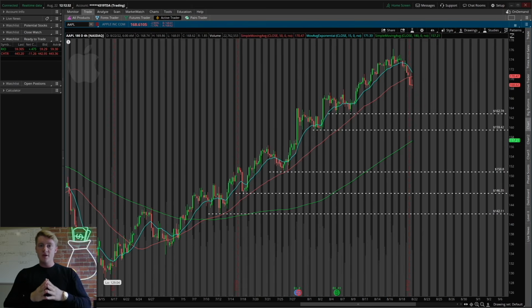Now, it's important to note that you can indeed take a trade on a chart where moving averages aren't respected, but the pattern must be strong enough to validate taking the trade in the first place. Now, you can use what I like to call candlestick support and resistance levels to manage the trade.